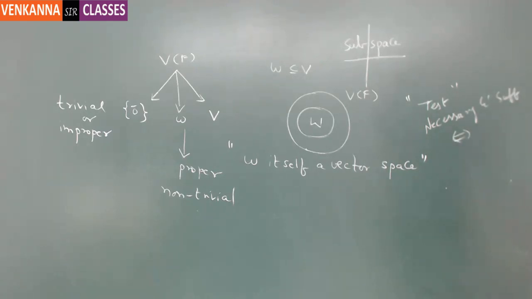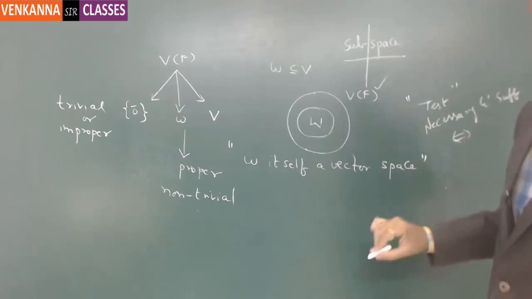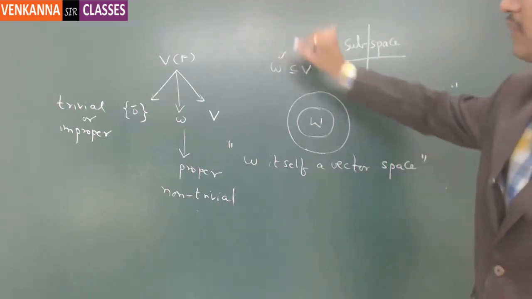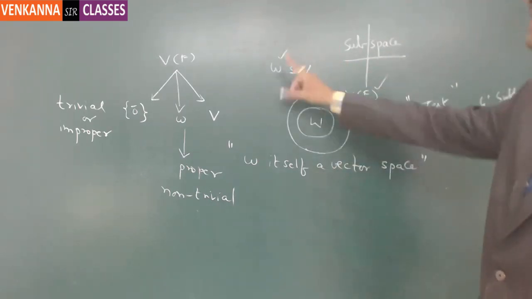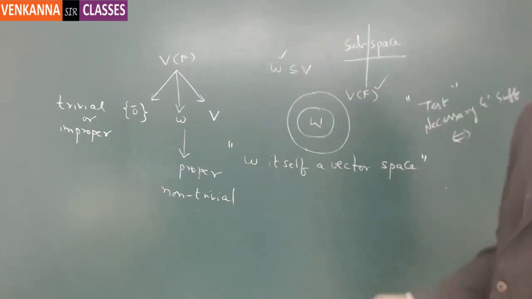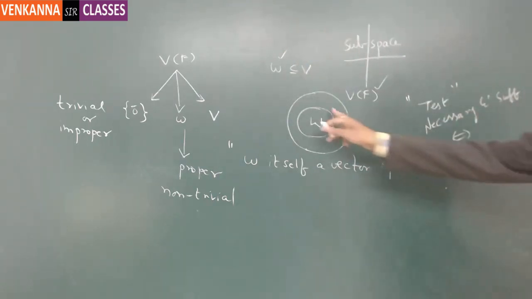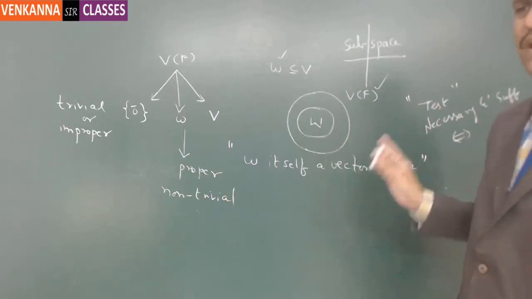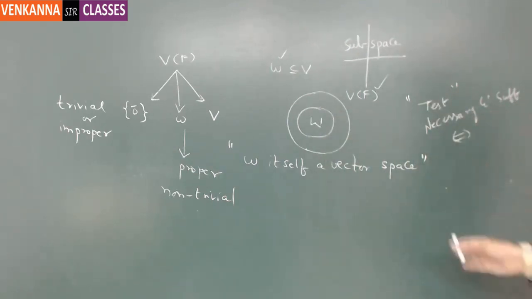So what does it mean? I have given a vector space and I have taken a subset of it. I just want to know whether it is a subspace or not. For this, the subset W must satisfy one of these tests.